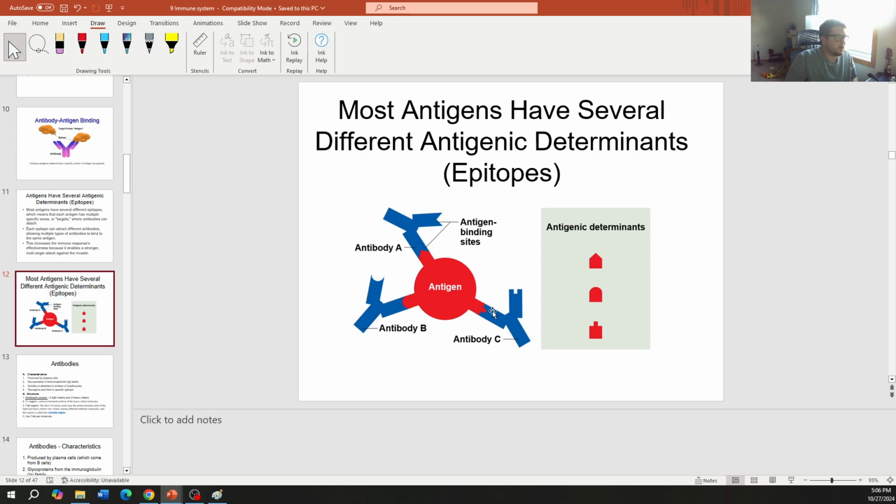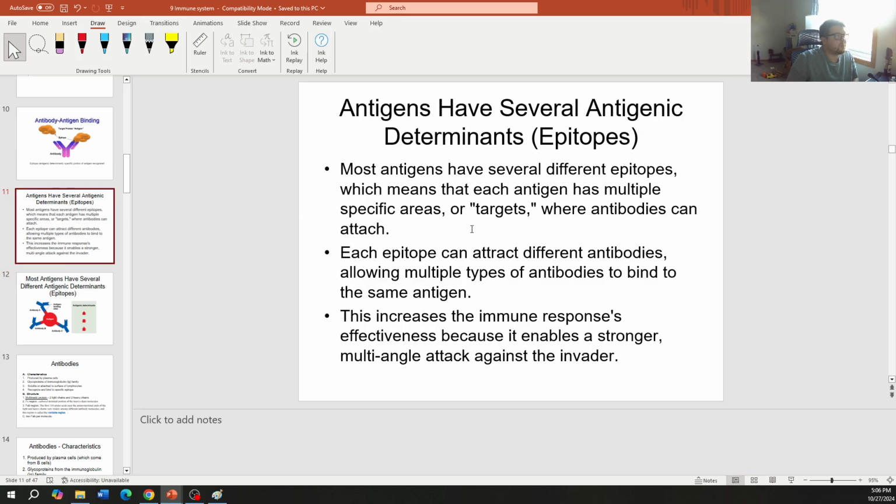Our antibodies can bind to them in several different ways. Each epitope can attract different antibodies, so that way our immune system works much more effectively in making sure that we get rid of everything. It's going to make sure that we have a strong response, what's called a multi-angle attack against the invader.